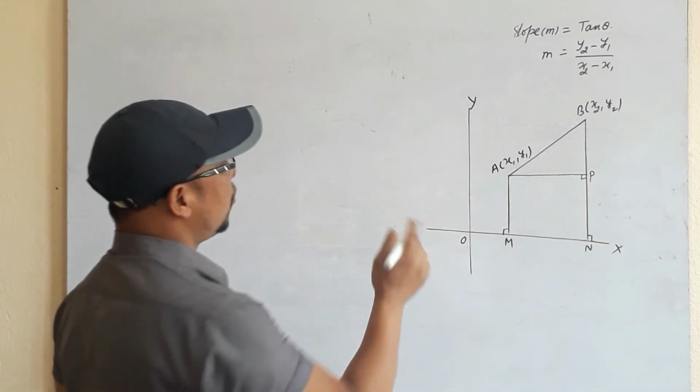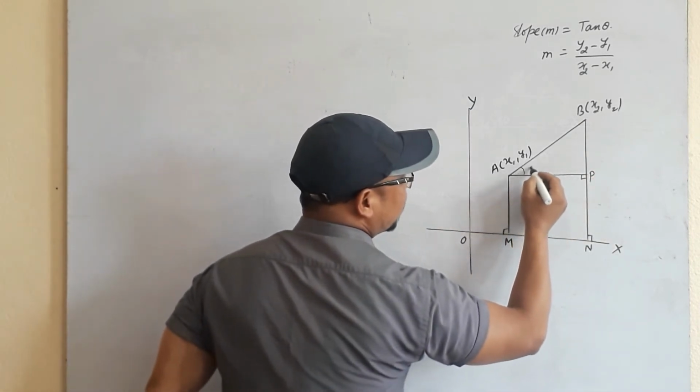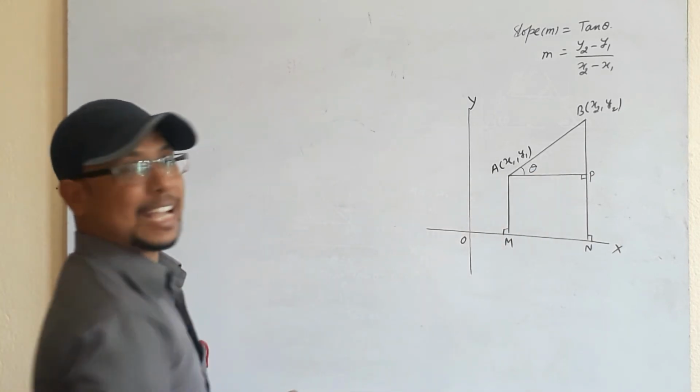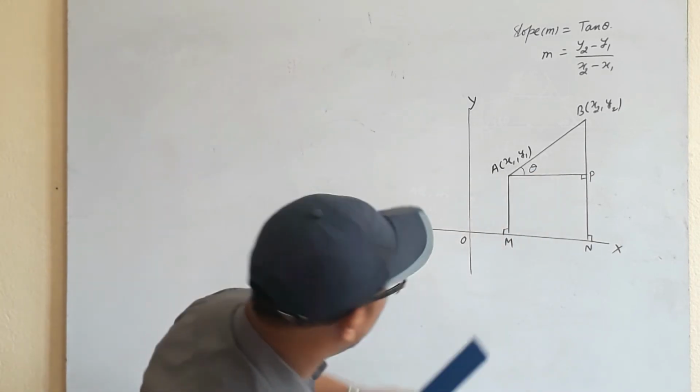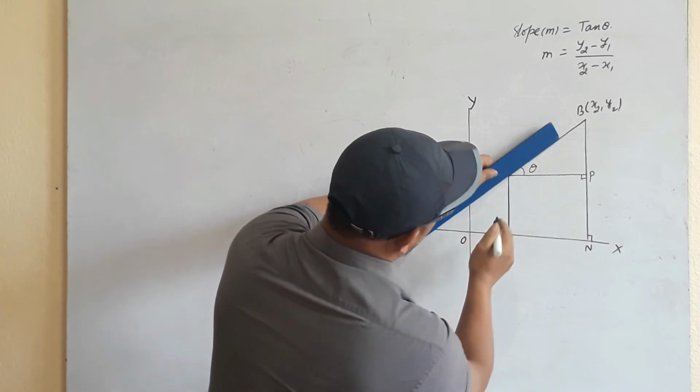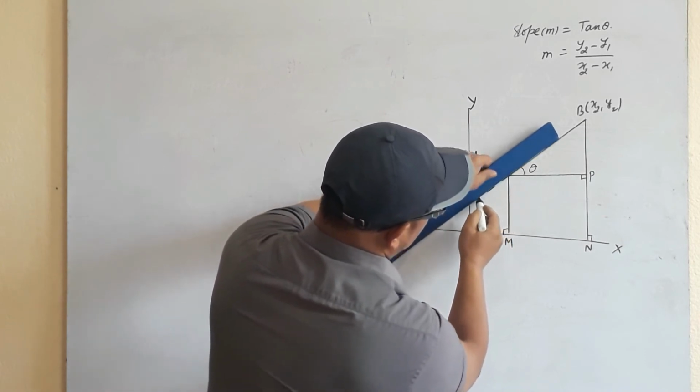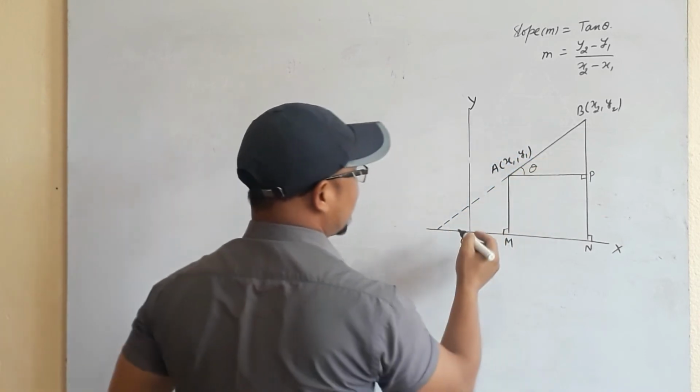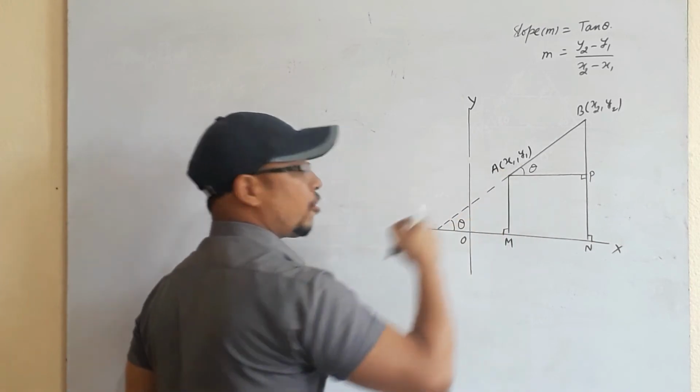Let us suppose this angle is theta. If you extend this line, this angle is also theta, the corresponding angle.